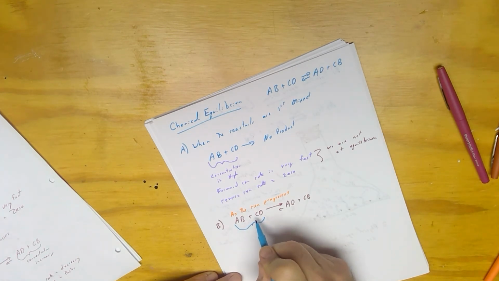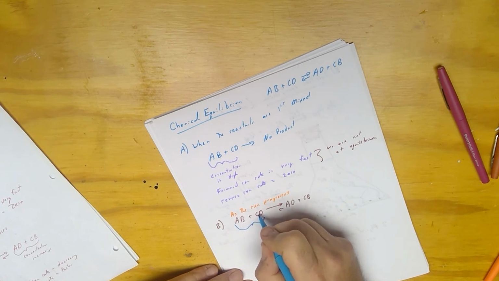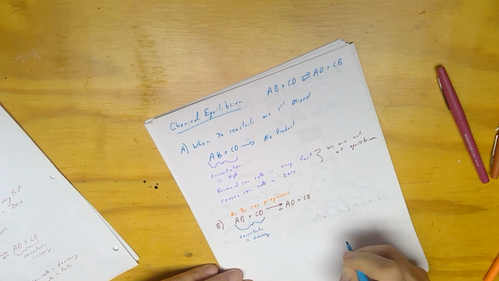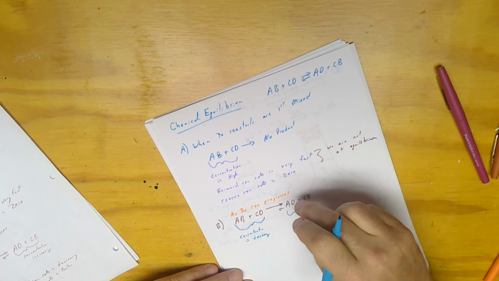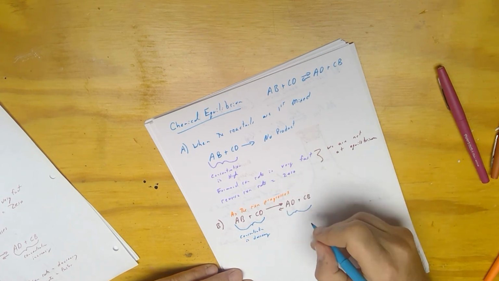Well, the AB and CD are reacting together to form product. So the amount of this is decreasing. So the concentration of the reactants is decreasing. What's happening to the concentration of my products? Well, we're making more and more of it, so the concentration of this guy is increasing.